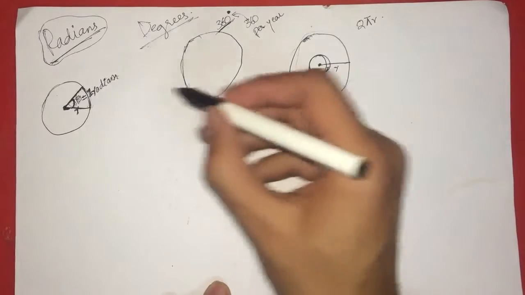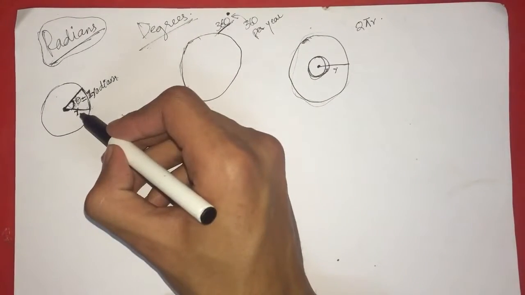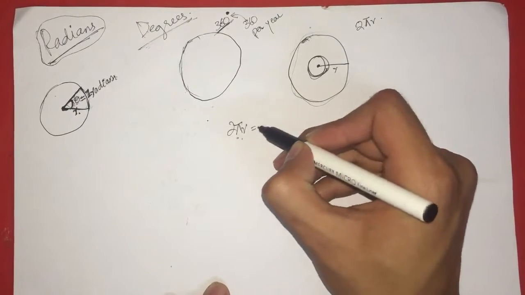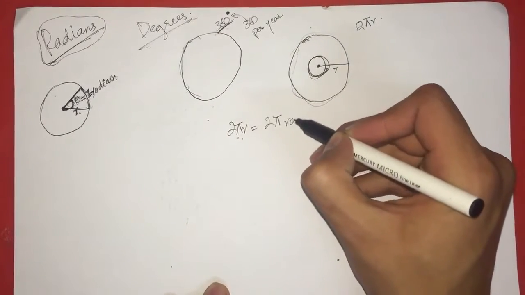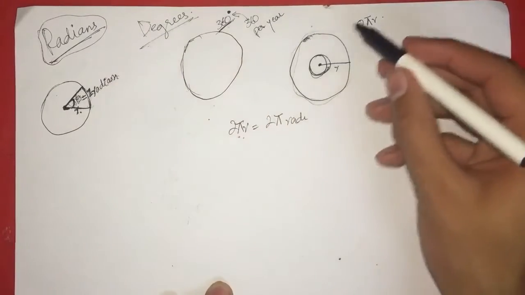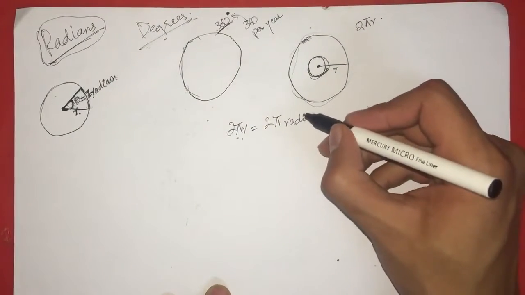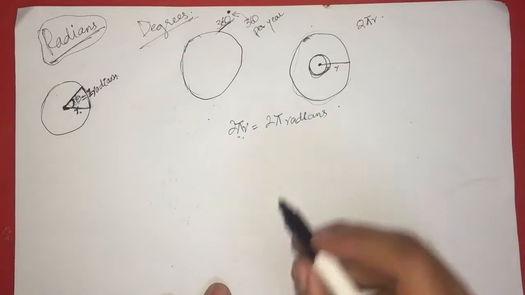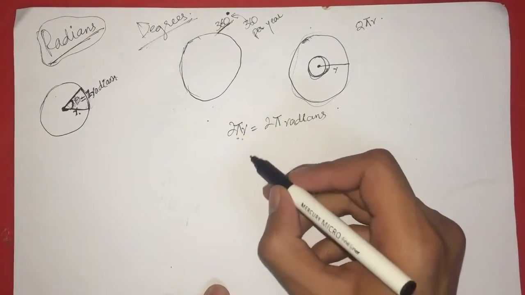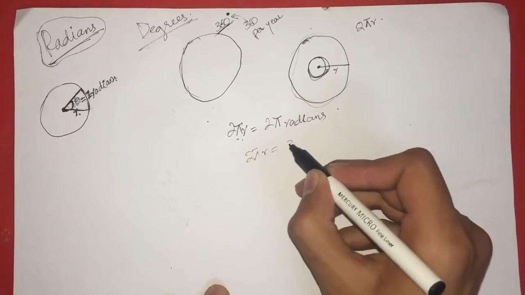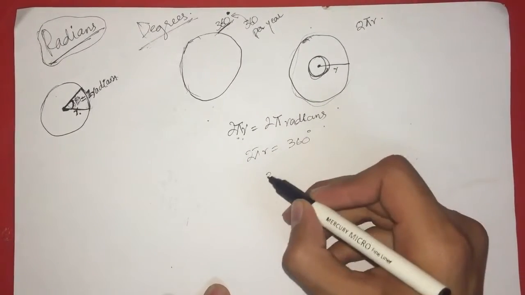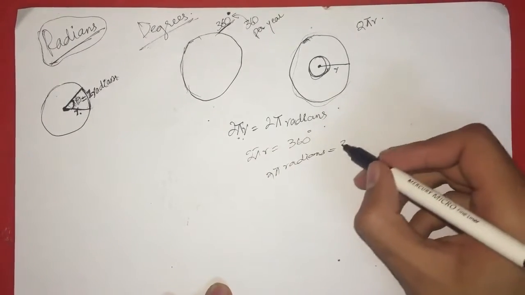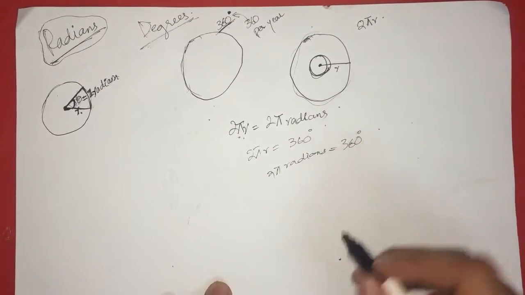Because 1 radian is equal to 1 radius, we can say that 2 pi r equals 2 pi radians. And since 2 pi r corresponds to 360 degrees, we can say that 2 pi radians is also equal to 360 degrees.